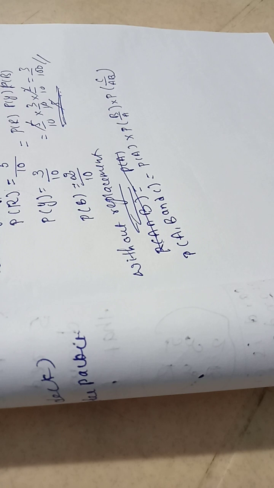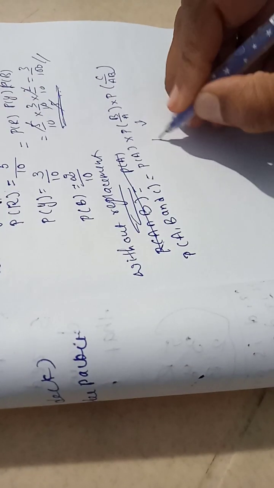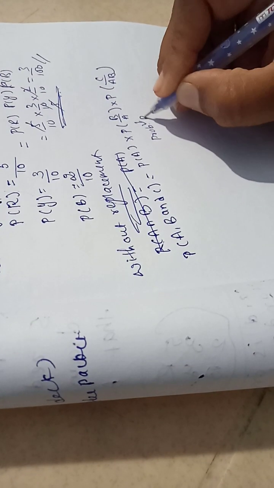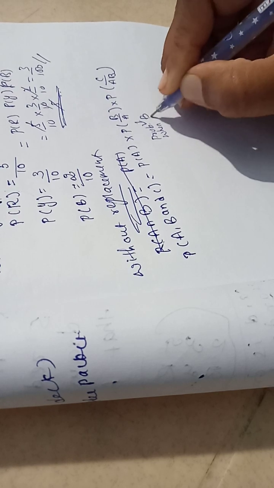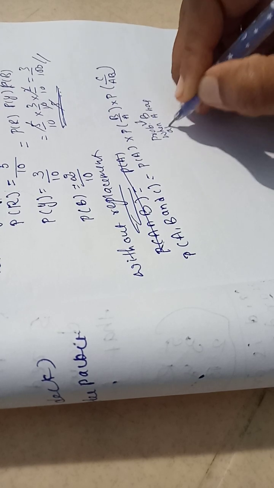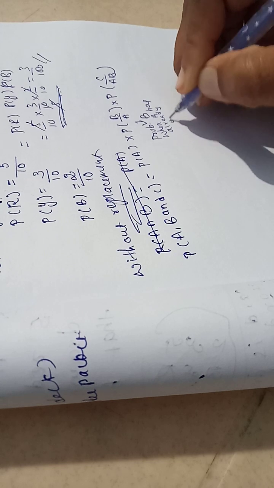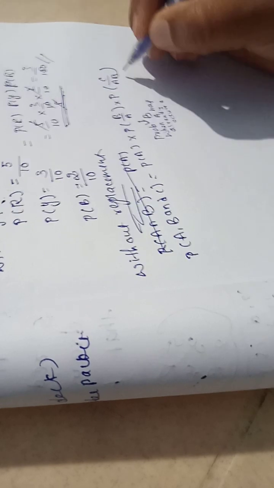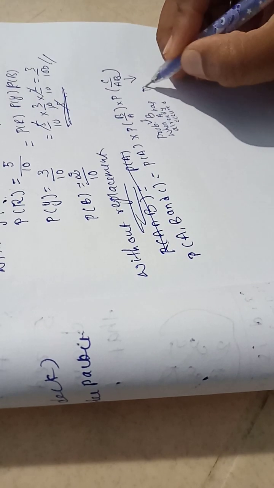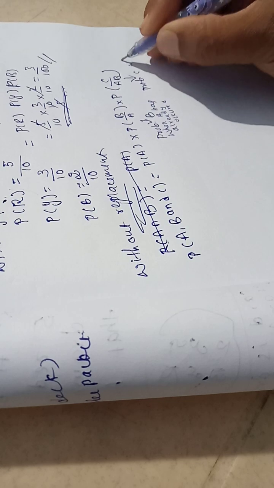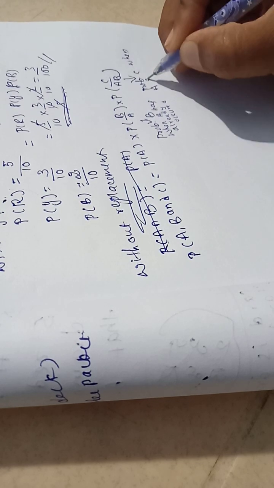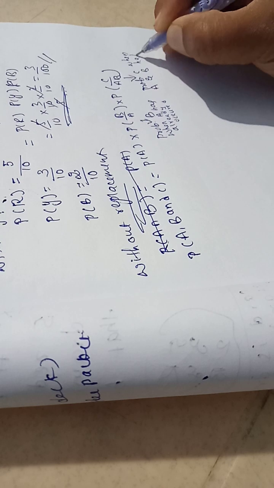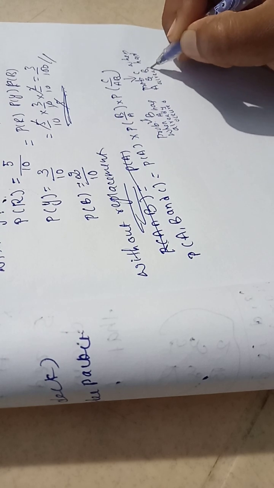Now P of B by A means the probability of B when A has already occurred. Right? P of C by AB is the probability of C when A and B have already occurred.